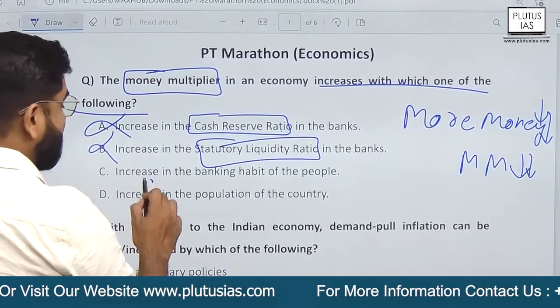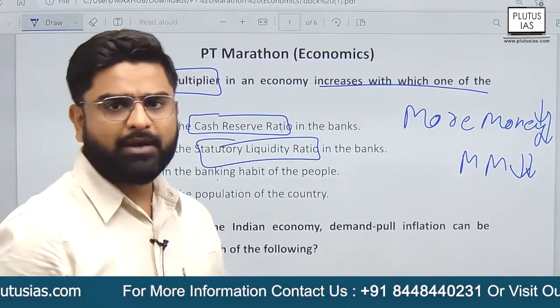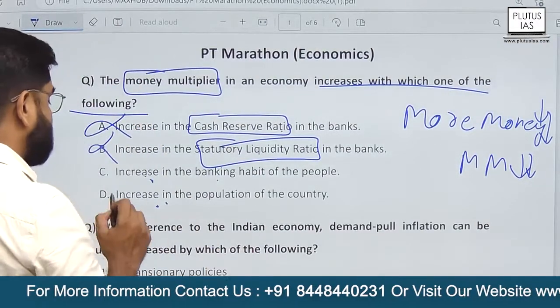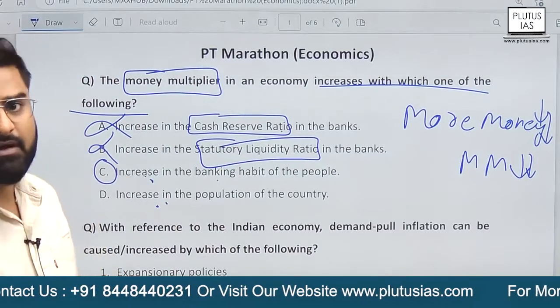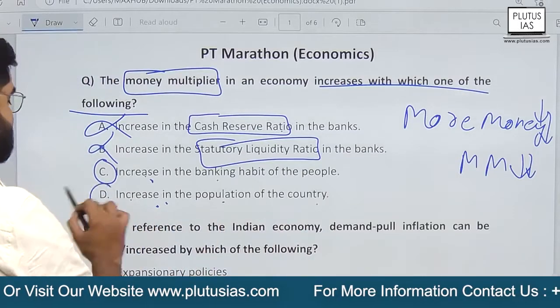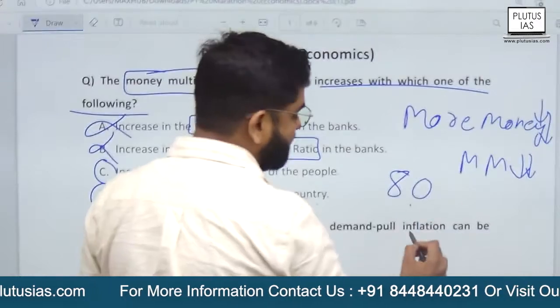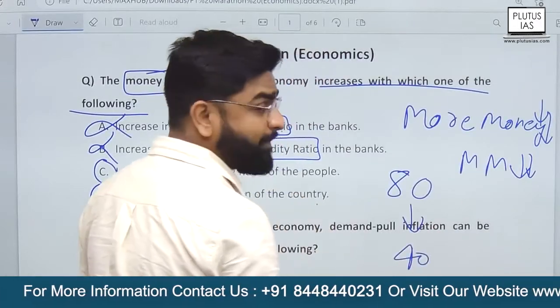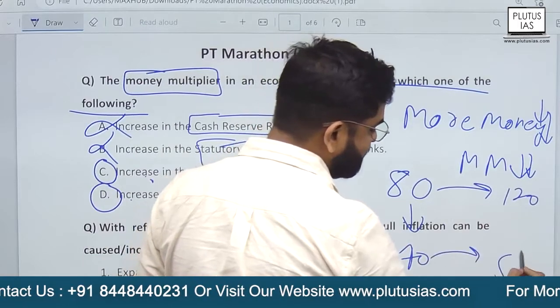Now the other statement, increase in banking habit of the people, means more and more people go to the bank to take loans. So of course MM will increase. So it appears a right statement, but we will wait and read the next statement, then we will conclude. Next is increase in the population of the country. It also appears a right statement. Why? Because, for example, there are 80 people in the country and 40 people are doing banking. Now the population increased to 120, and of course it may go to 50.